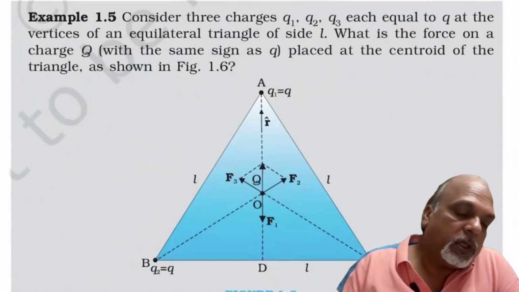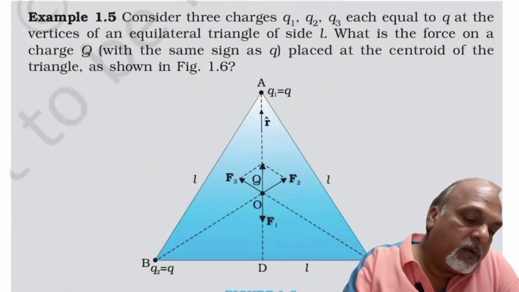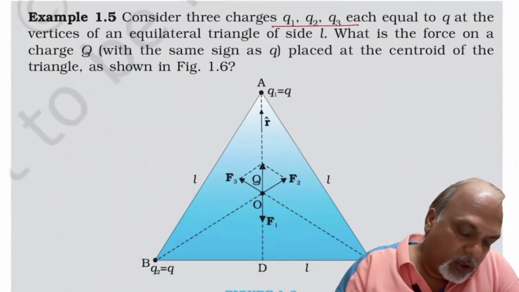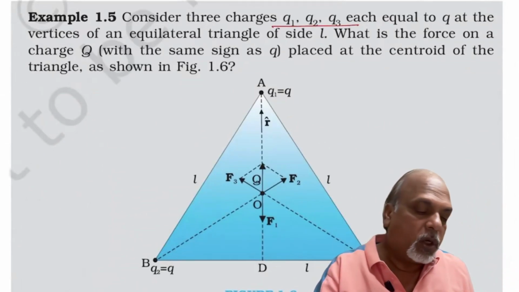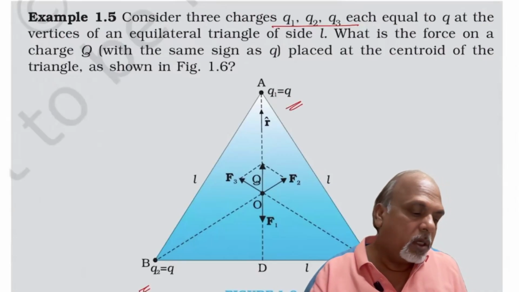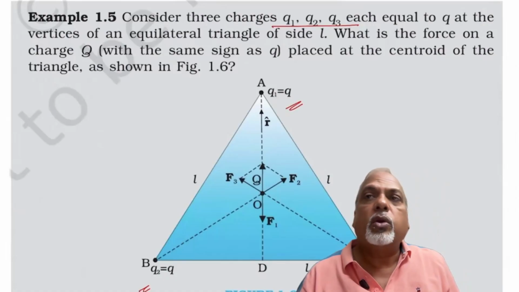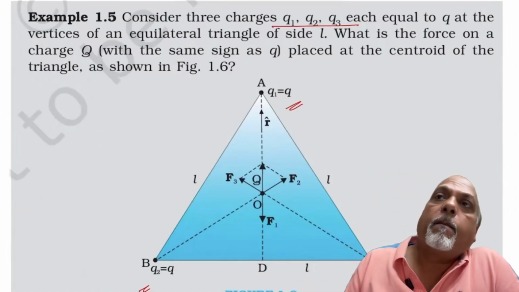like this, which is on your screen. Here we have three charges Q1, Q2, Q3. So this is your Q1, this is your Q2, and this is your Q3. Each are equal to Q only, correct?